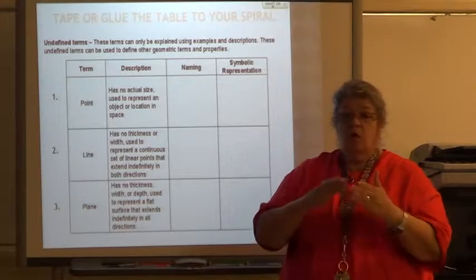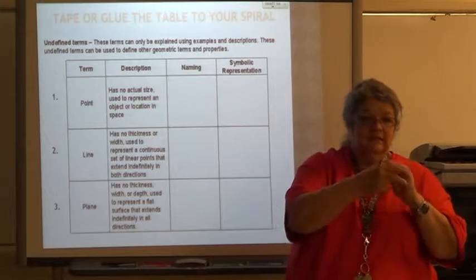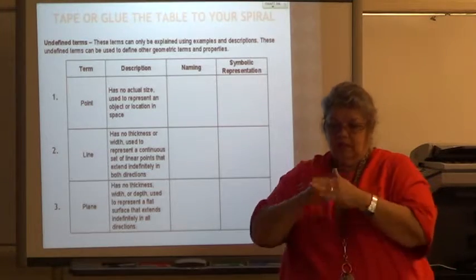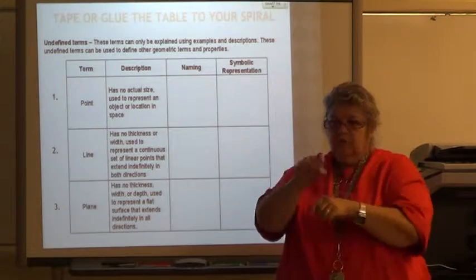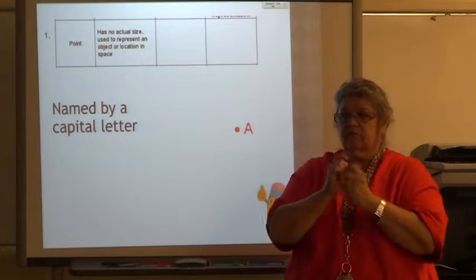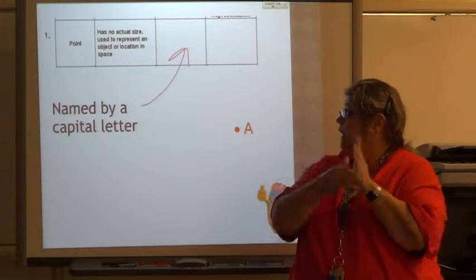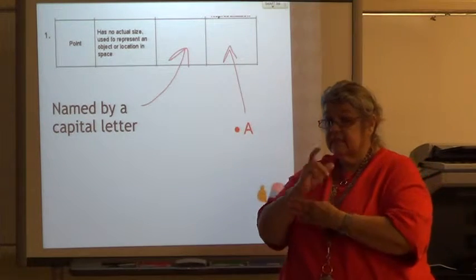Alright, so I gave you a table in class today. Tape or glue that to your spiral right underneath your essential question and do now. And we will fill it in together. So a point is named by a letter, and this is the representation.